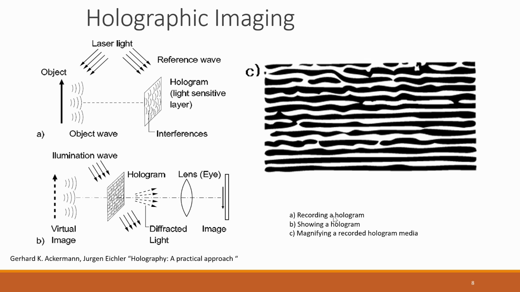To observe this sample, the photosensitive material is illuminated with the same laser light, and the diffracted light goes into the lens, and the image will be provided, and we can also see the virtual image.